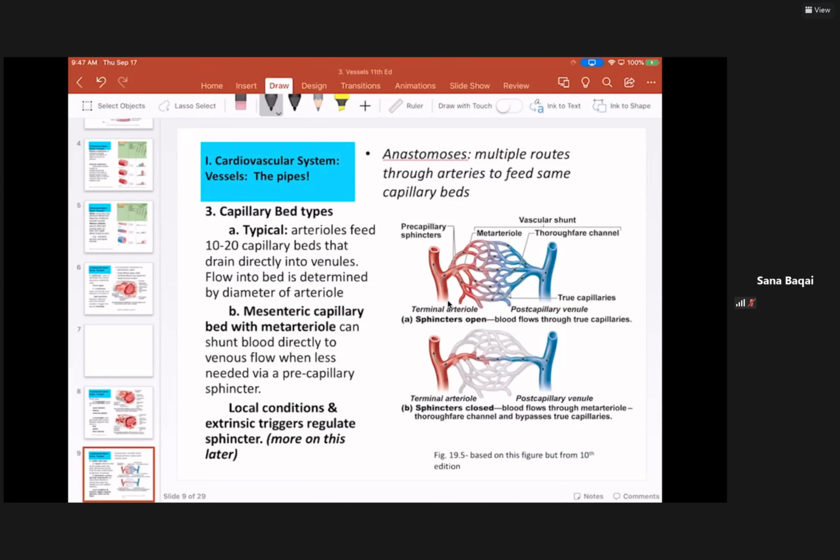Now, ANP and angiotensin II are not just acting on these sphincters. Of course, like Sana brought up, they're acting on the smooth muscle of the arteries and arterioles. But in addition, they're acting on these sphincters in the metarterioles so that they'll close down and blood will flow more rapidly. So extrinsic factors in general are usually doing this in order to increase venous return.